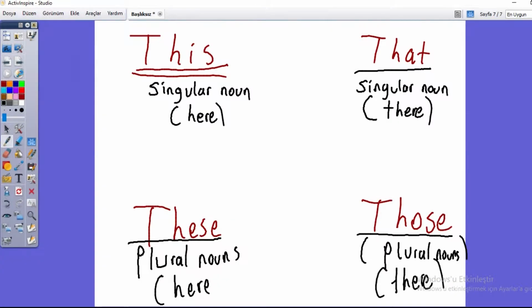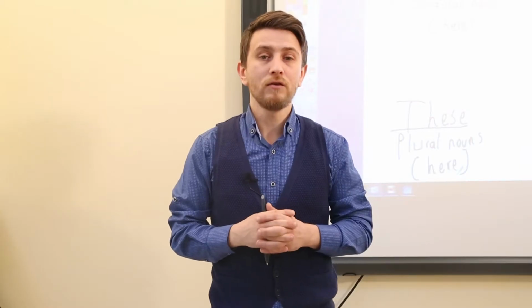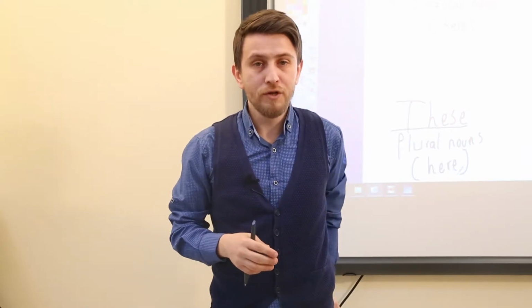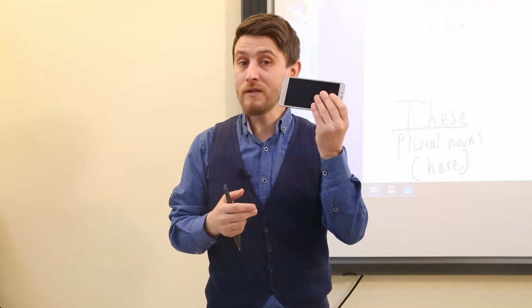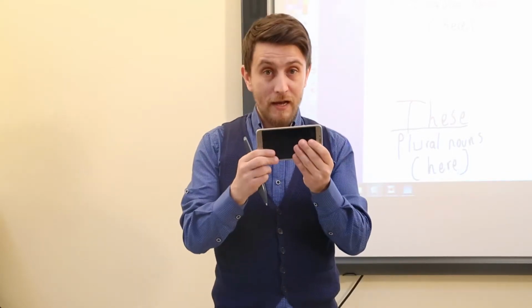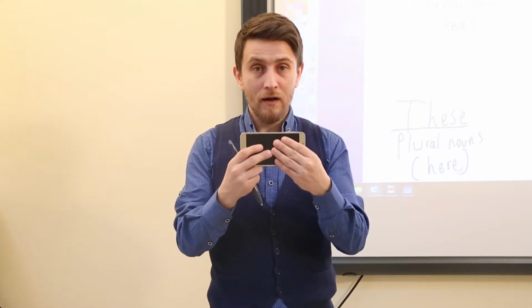We use this for singular nouns when it's here, and we use that again for singular nouns when it's there. We use these for plural nouns when here, and we use those for plural nouns when it's there. Now let's give some examples. What is this? This is a mobile phone. It's here.